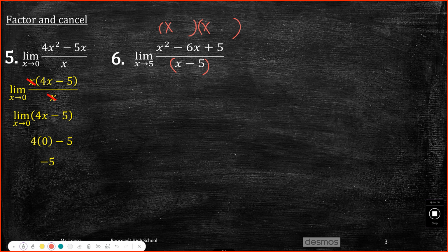So what are the numbers? Okay, 1 and 5 or 5 and 1. And are they both what? They're both negative?